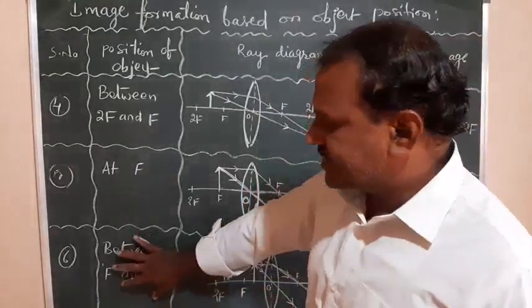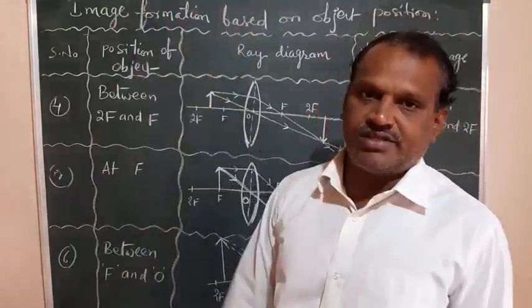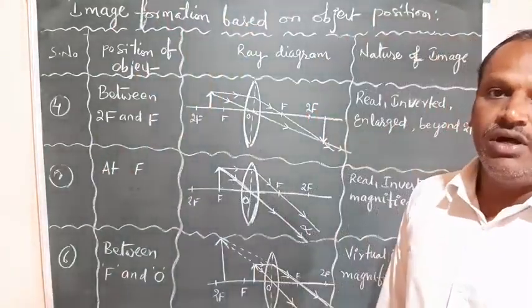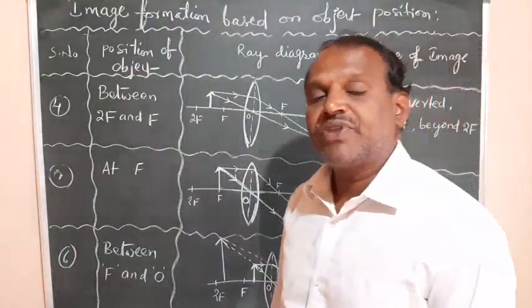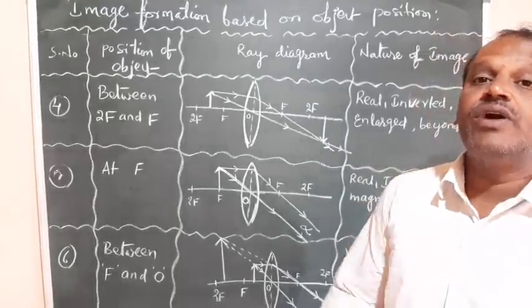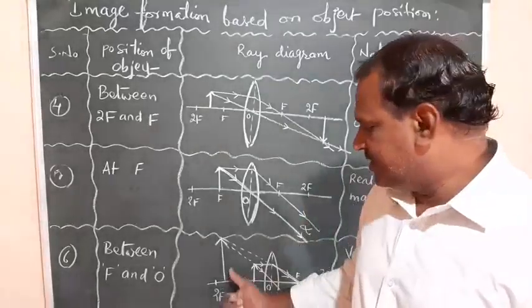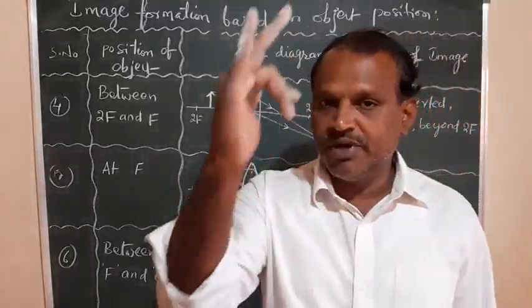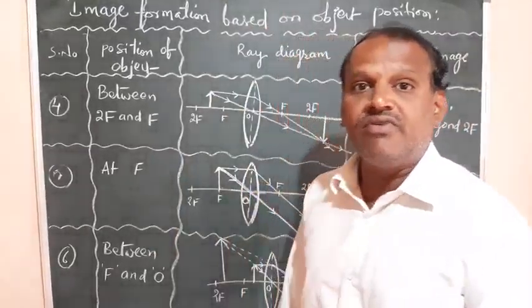So except this 6th case, in all remaining cases, wherever you keep the object, you get real images. And it is always an inverted image. Except this case, a real, inverted image is obtained for a convex lens.